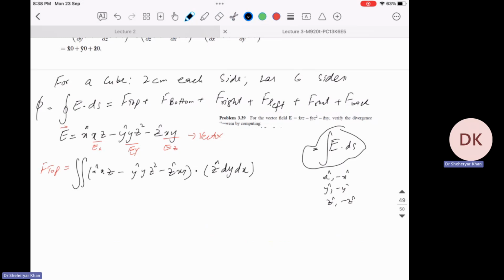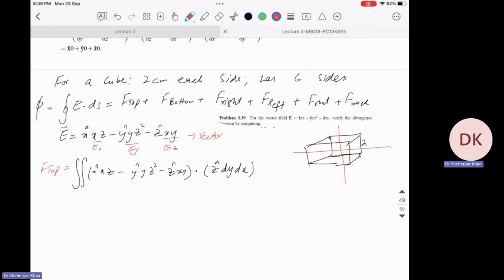Now, important thing here is because our surface or our shape is a cube, its length, width, and height is 2 each. So it's up to you to choose the axis.